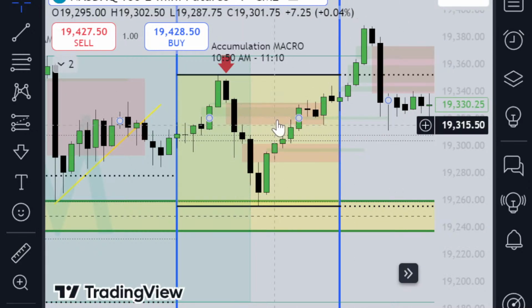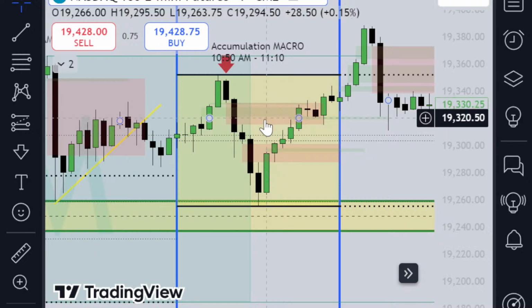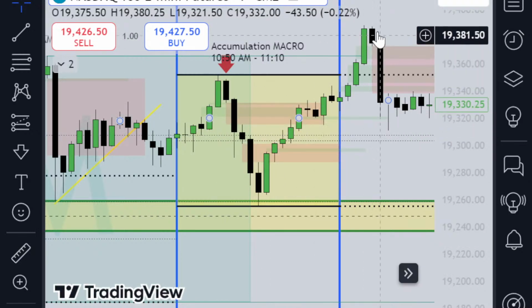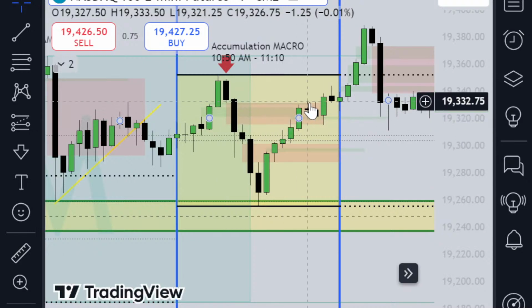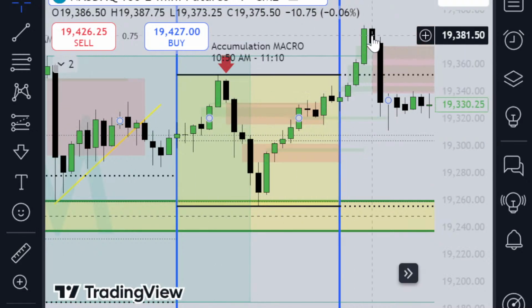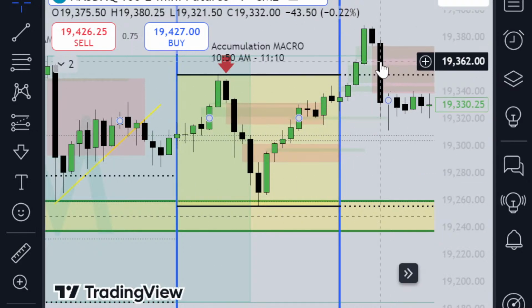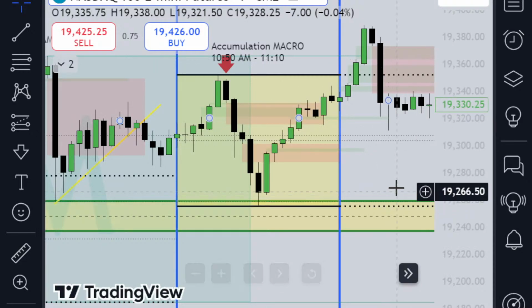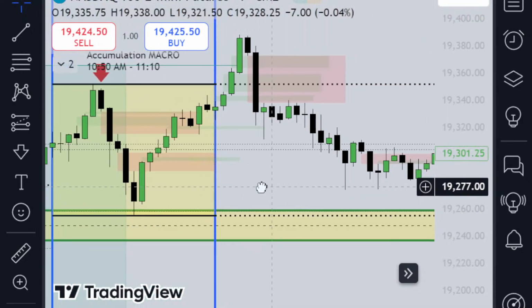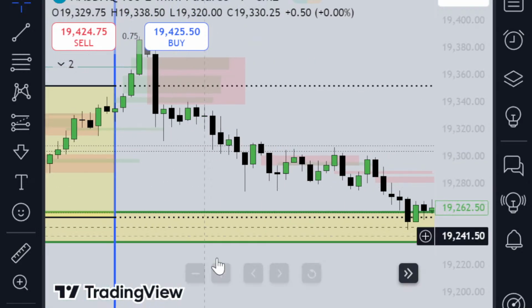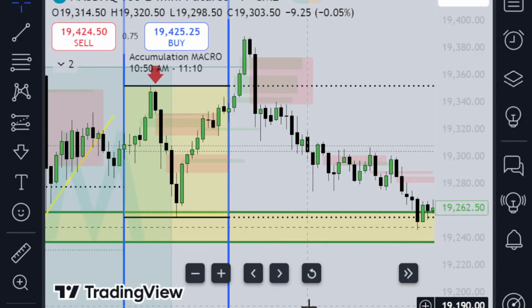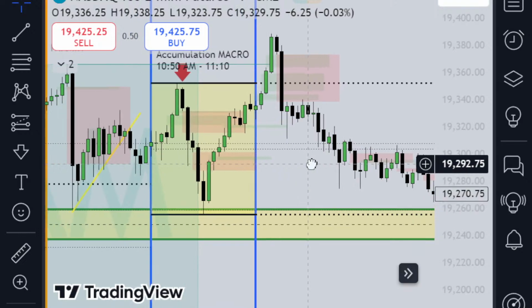Most of the time when I see a yellow window, I see it's accumulating, so I'm looking for a fail breakout. This to me is a range. I'm going to look for them to fail breakout and take the short as soon as I get this inversion right here. Where am I aiming for? Back to the gap. Takes a little while. Gets back to the gap though. See that?